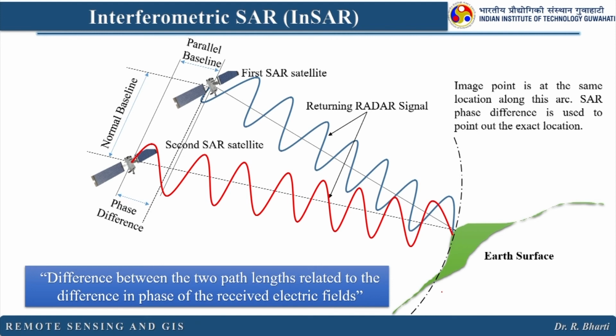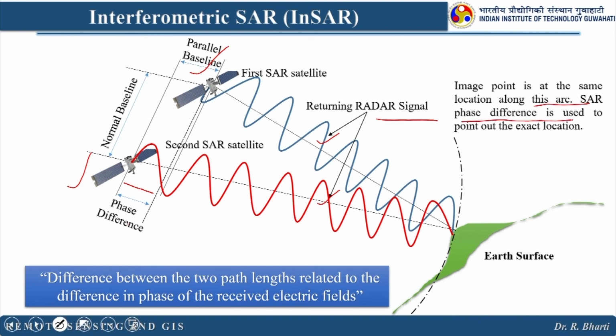So, here if you see the normal baseline, that is the distance between these two satellites, right, and this is the phase difference. So, here the phase difference is this distance, and the returning radar signal is 1 and 2, and image point at the same location along this arc.